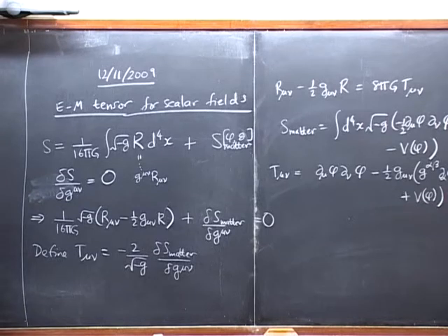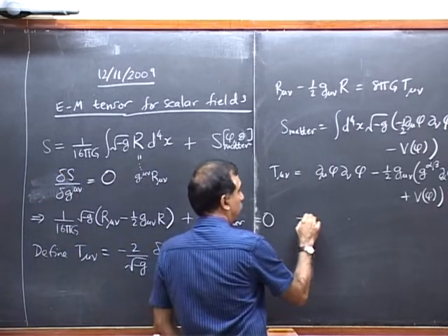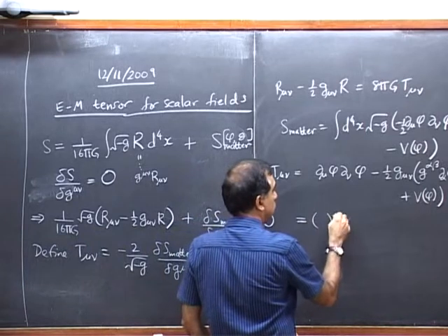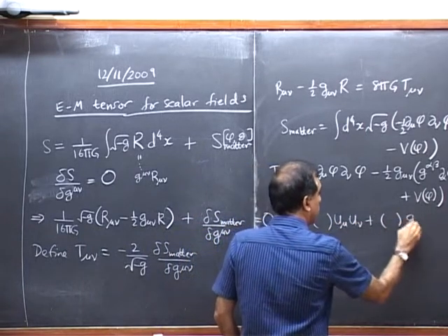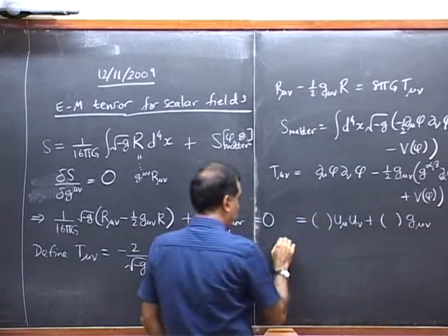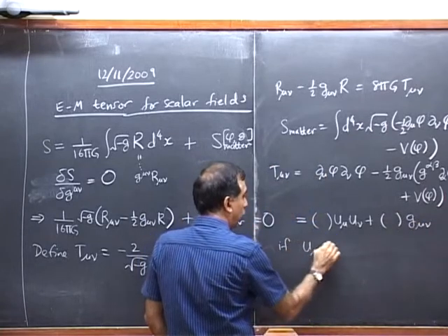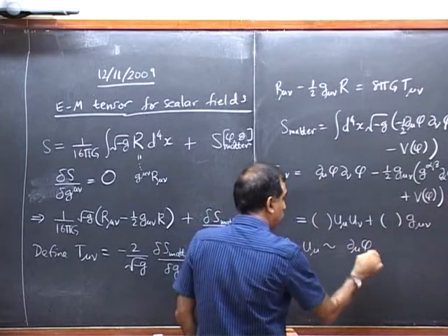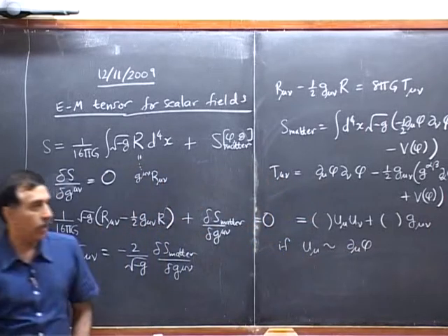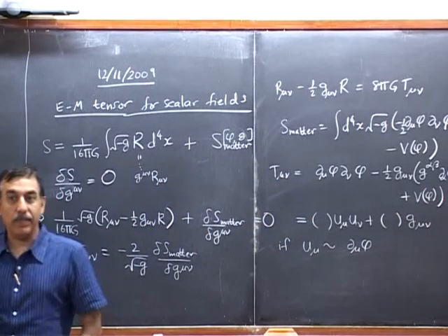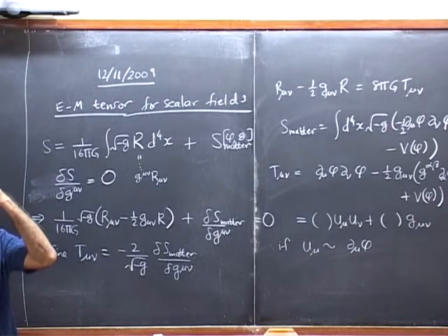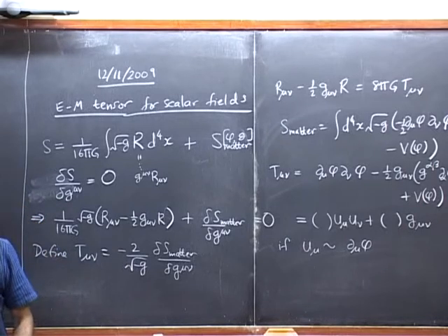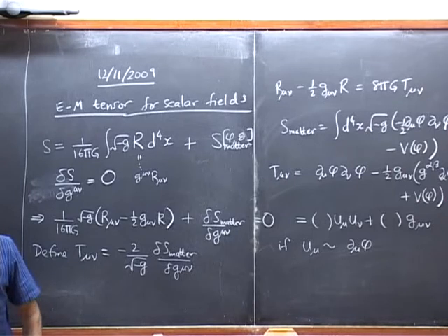Now the interesting thing is that it's of the form something times u mu u nu plus something else times g mu nu, if we take u mu to be proportional to del mu of phi. So where have we seen that? The energy momentum tensor of a perfect fluid was taken to be proportional to u mu u nu, where u was the velocity four-vector, and a term proportional to g mu nu.